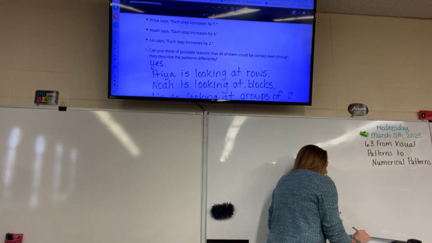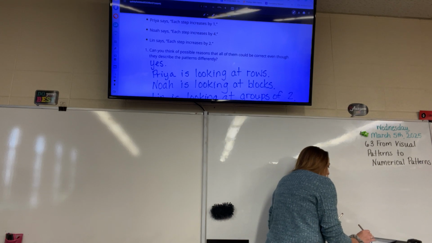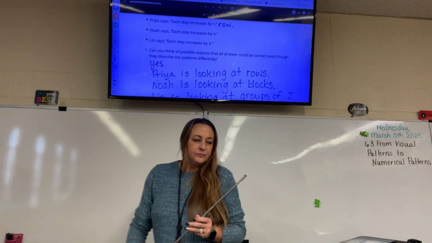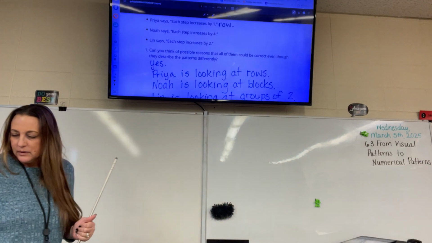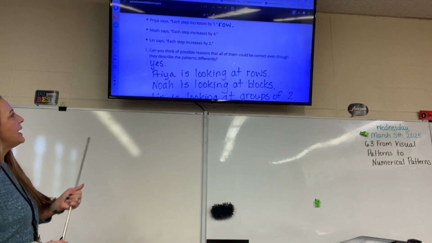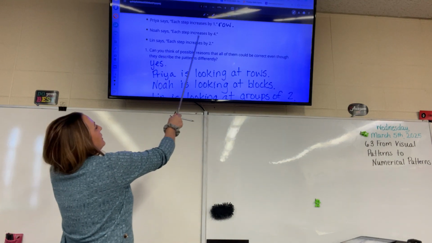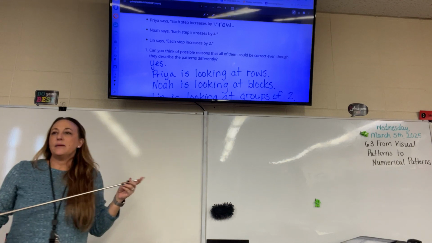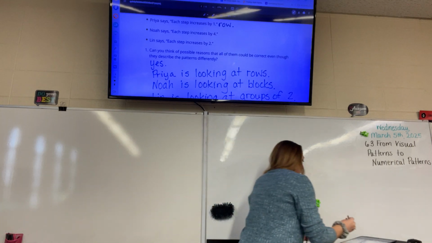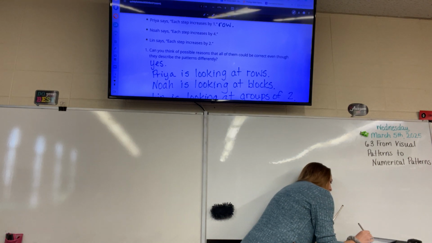For Priya, we're going to write each step increases by 1 row. And then what would we add behind Noah's name? Haziel? Blocks. Yep. Each step increases by 4 blocks.